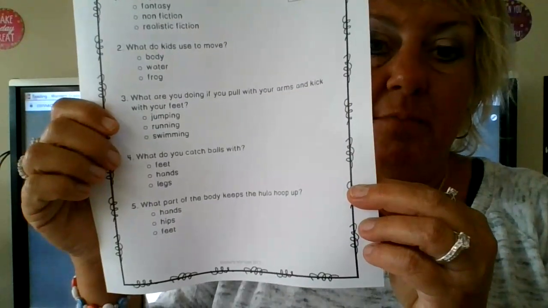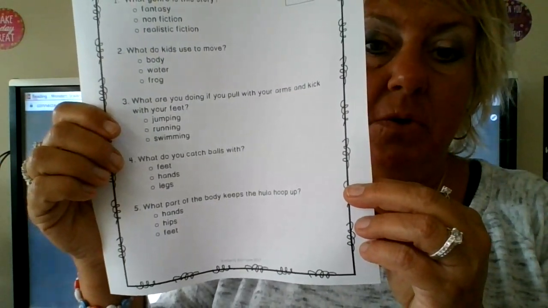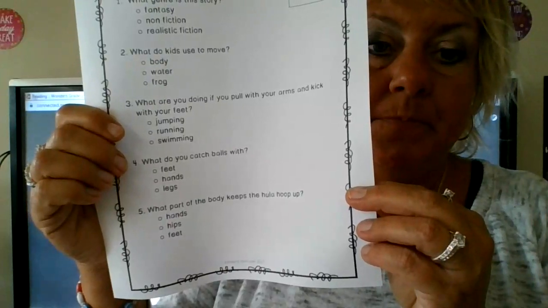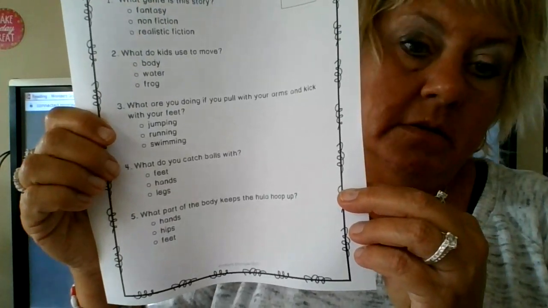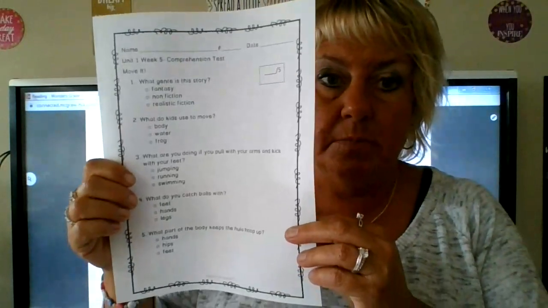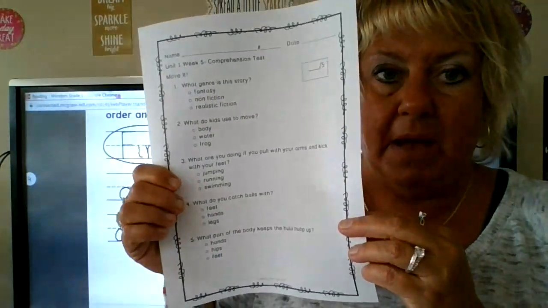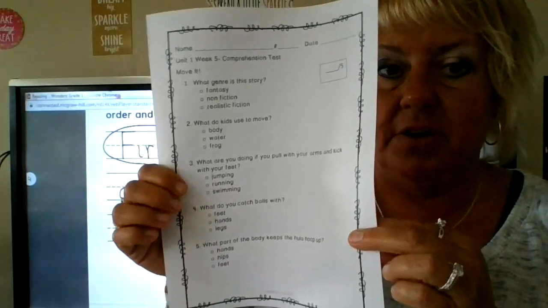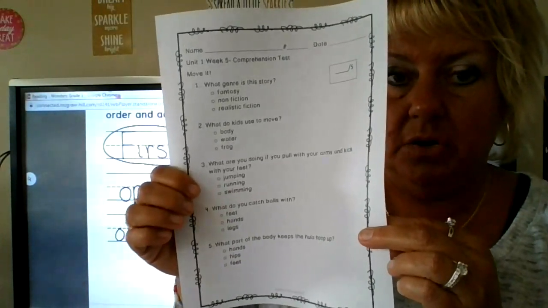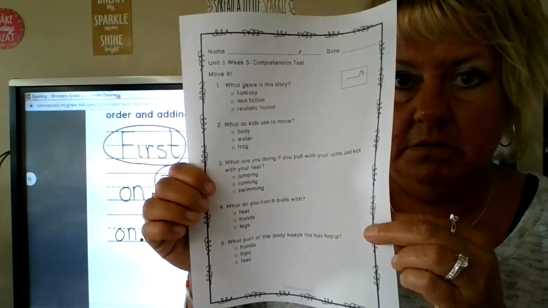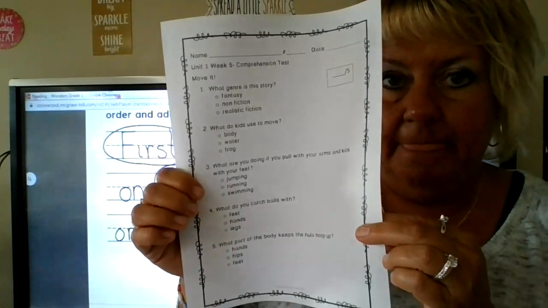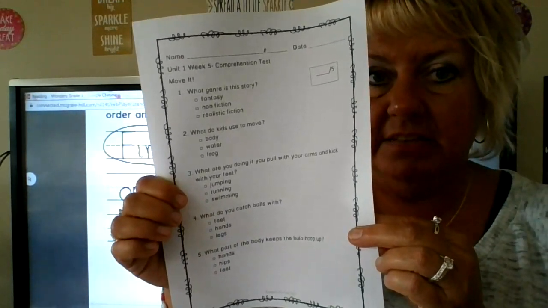And 5, what part of the body keeps the hula hoop up? Okay, so your parents can help you read this, but we want you to do it by yourself and then take a picture of it and send it to your teacher. Okay? That's your little comprehension test for the story.